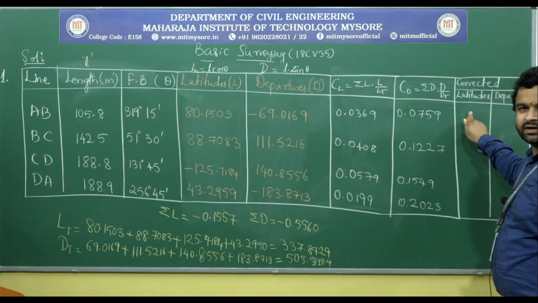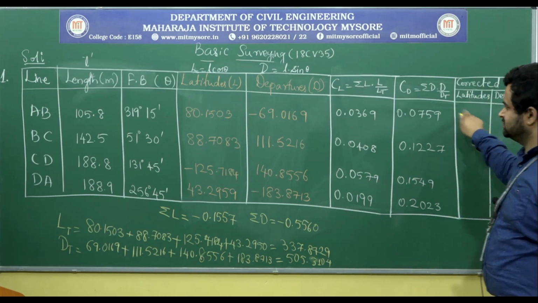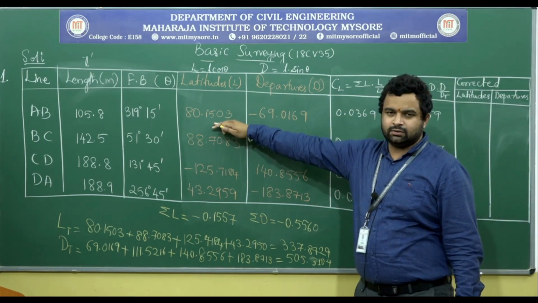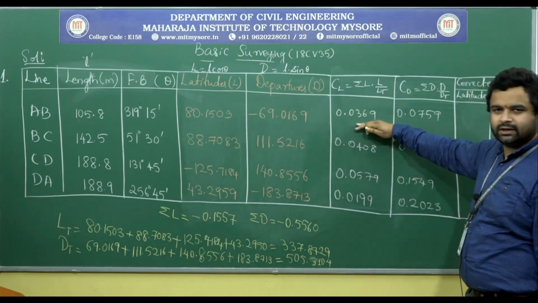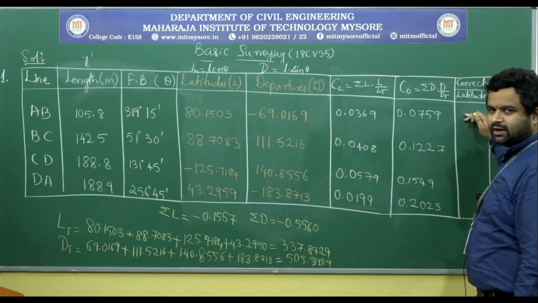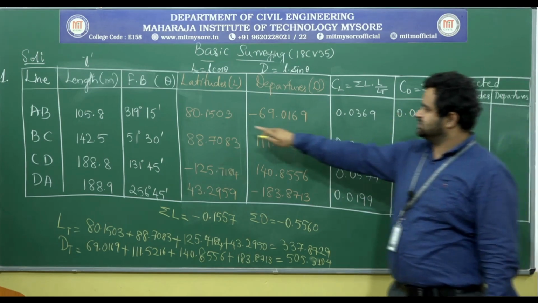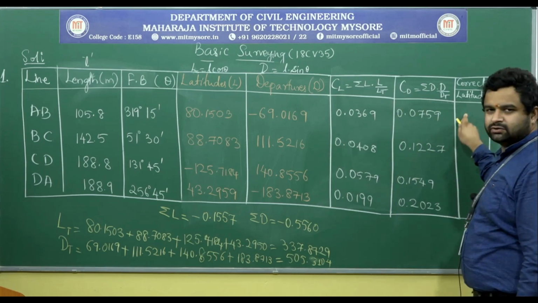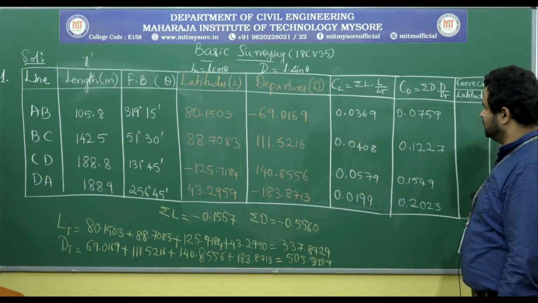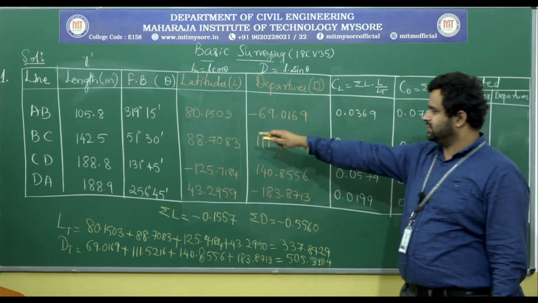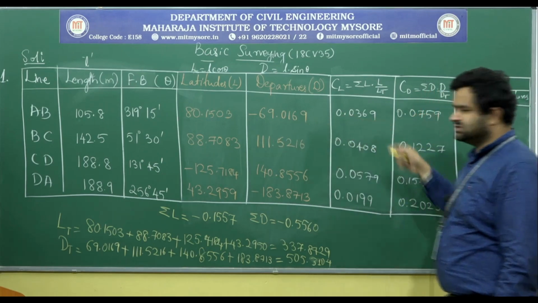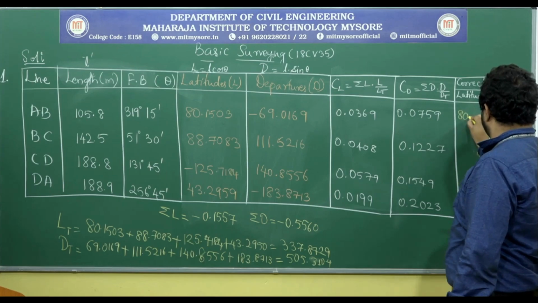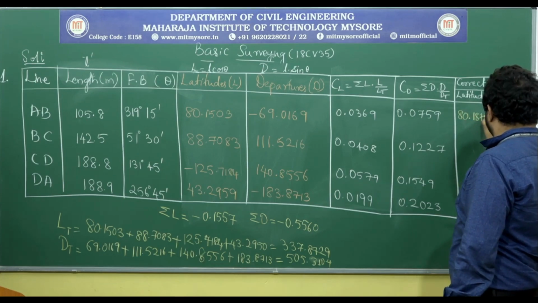How do you get corrected latitudes and departures? You have to take the previous latitude and apply the correction to it, so that we can get the corrected latitude. So this plus this will give you the corrected latitudes as well as departures. 80.1503 plus 0.0369 is equal to how much? It is 80.1872.